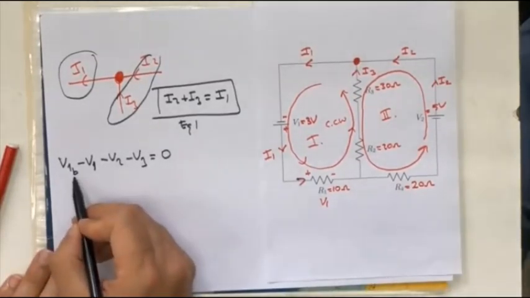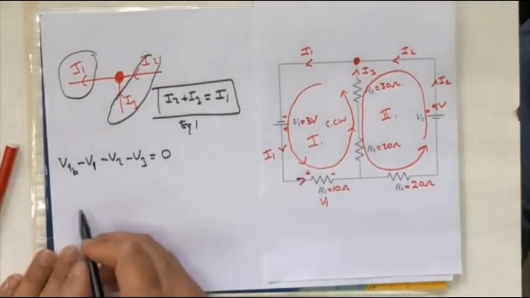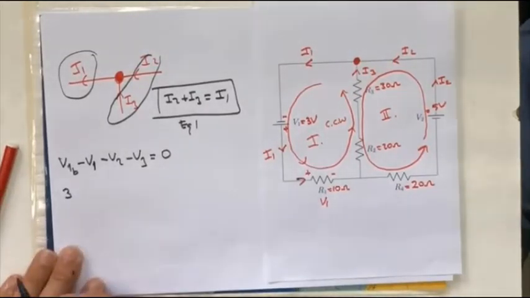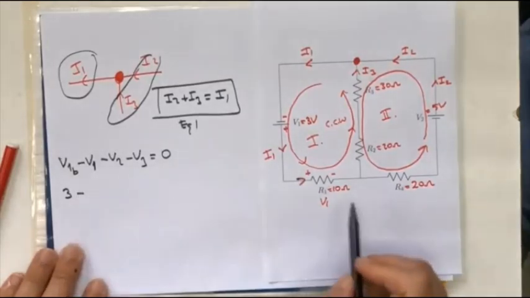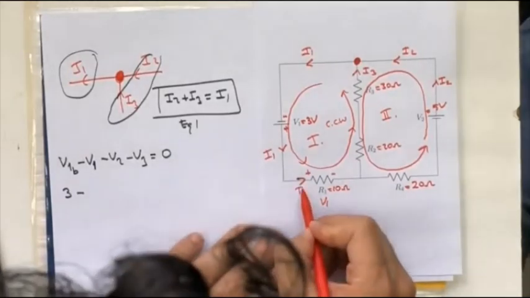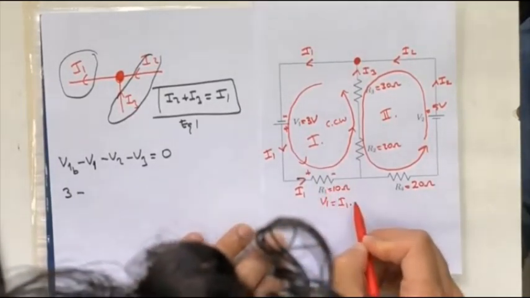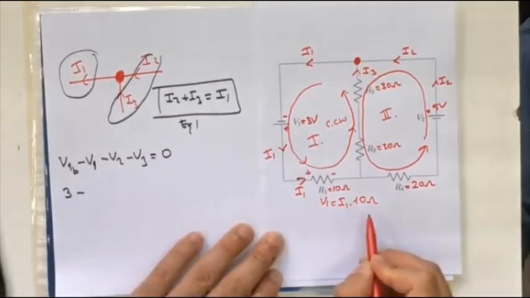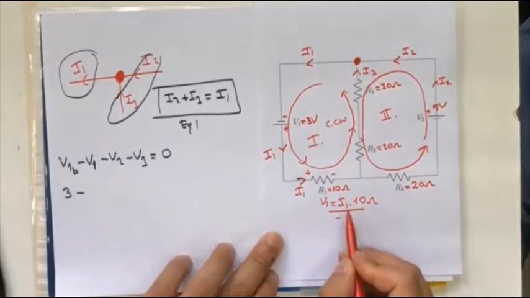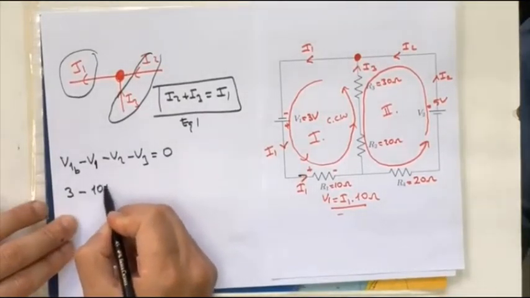For V1B, it is 3 volts. Here, I do not write the units. 3 minus, in terms of V1, we can say that V1 equals I1 times 10 ohms. So, I can write 10 times I1.